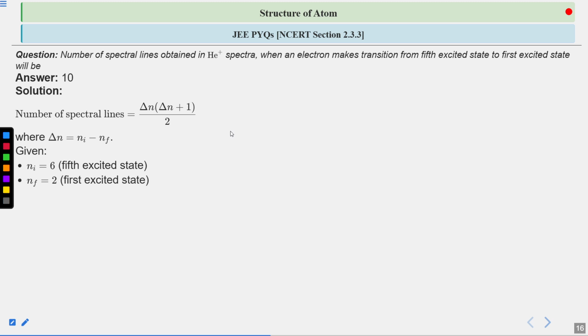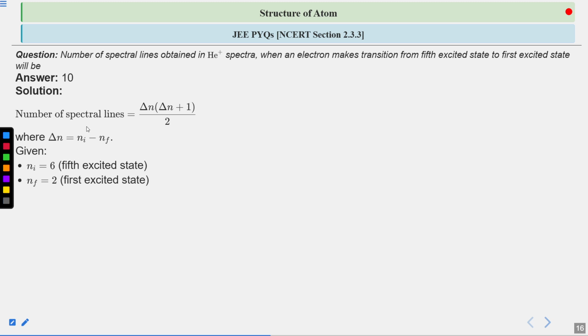So n equals 1 is the ground state, n equals 2 is the first excited state, n equals 3 is the second excited state. Similarly, n equals 6 is the fifth excited state, and n equals 2 is the first excited state. That's why we are saying that initial n is 6 and nf value is 2.